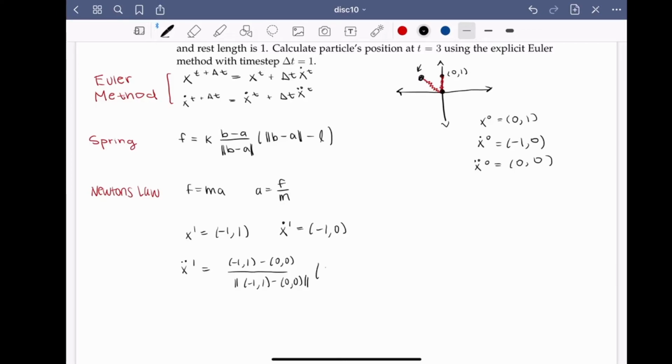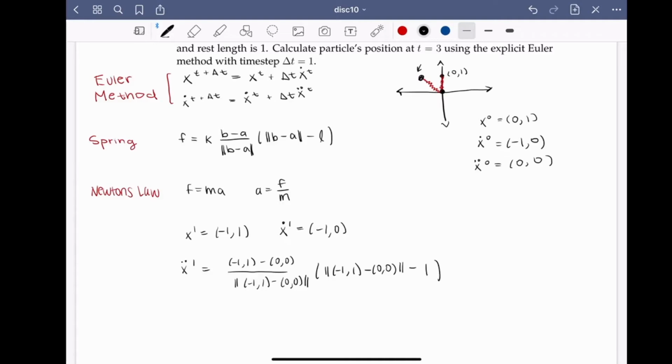And then we're going to multiply it by this, minus 1 because our rest length is 1.